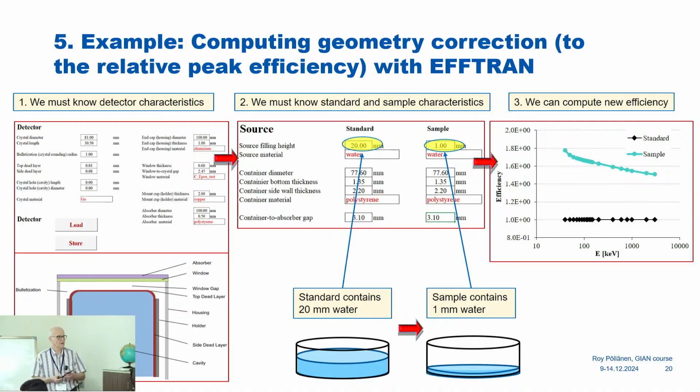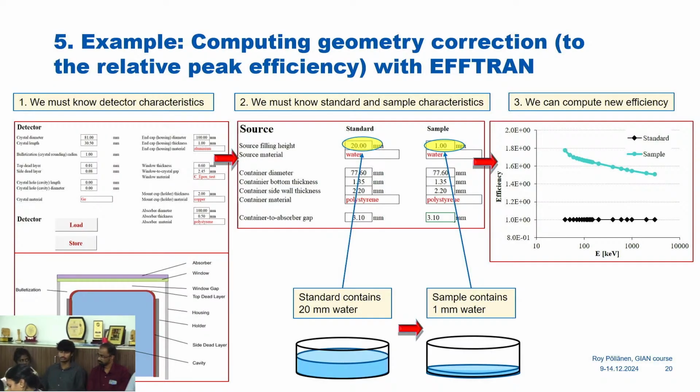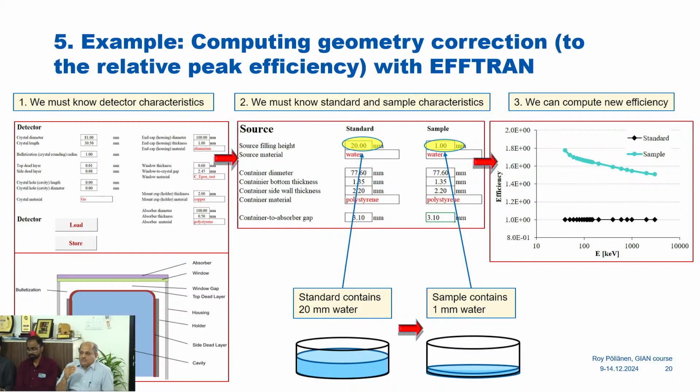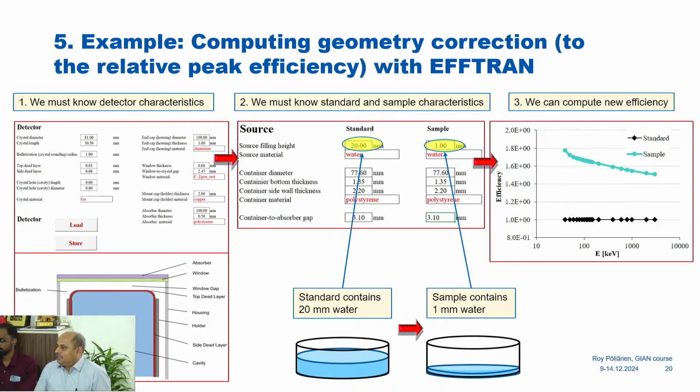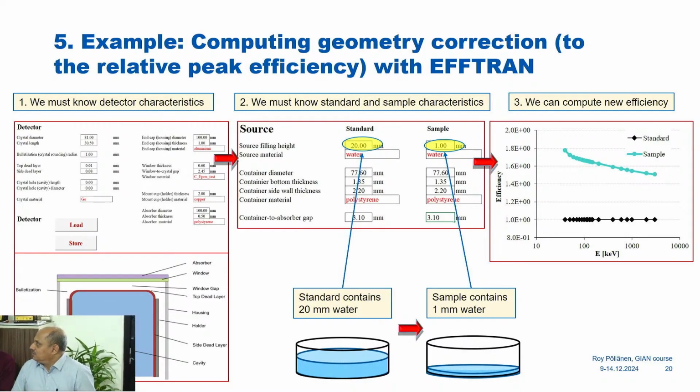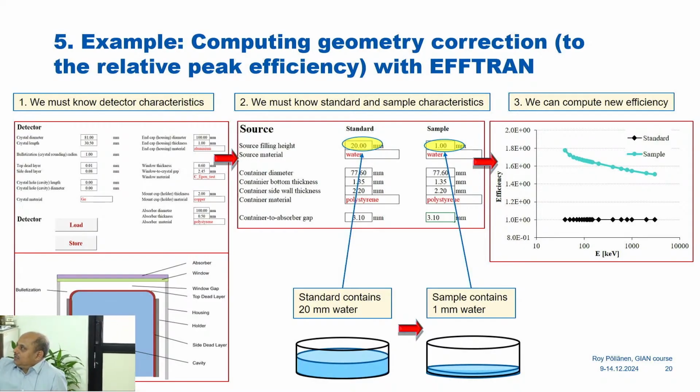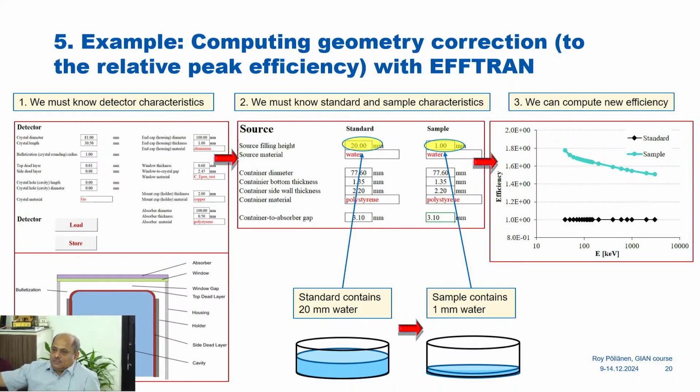You will appreciate these concepts once you start working in the field, because these are very important. This efficiency correction, because you can't have a reference material in all types of geometries. So efficiency transfer calculations are going to be essential at some point in your career.